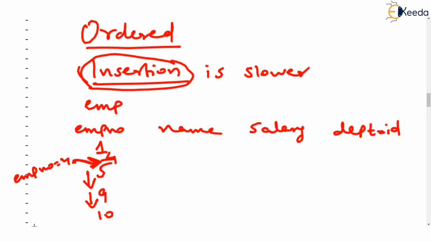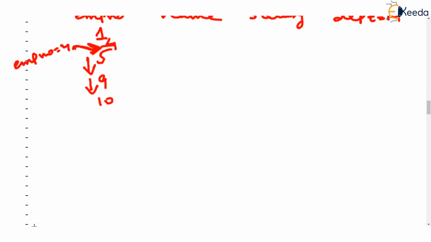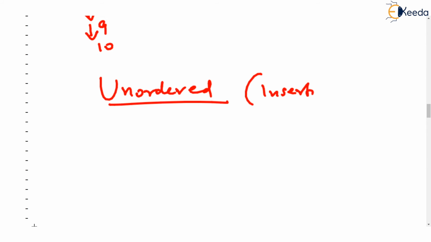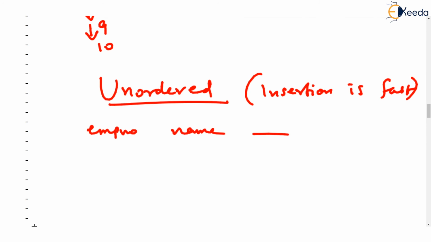Because we want to always keep the file ordered, isn't it? By the way, for an unordered file the insert operation is fast. Why? Because there is no criteria. If you have emp number, name, salary and department, and if you have kept the file unordered, then you may have employees stored in any order of employee number.